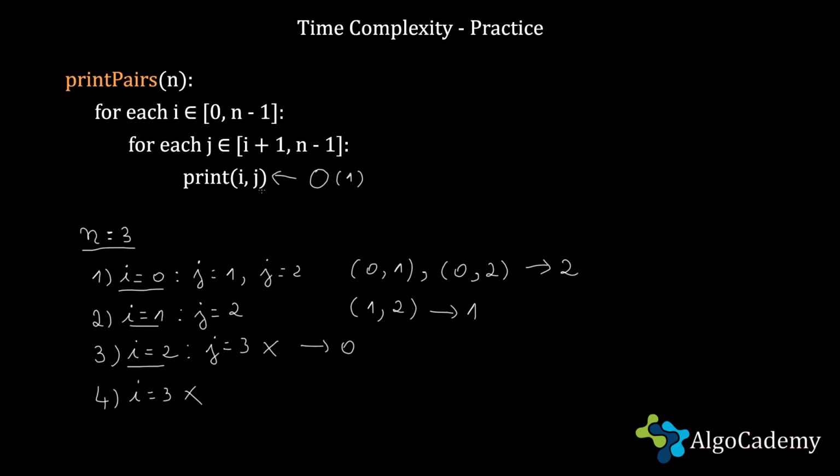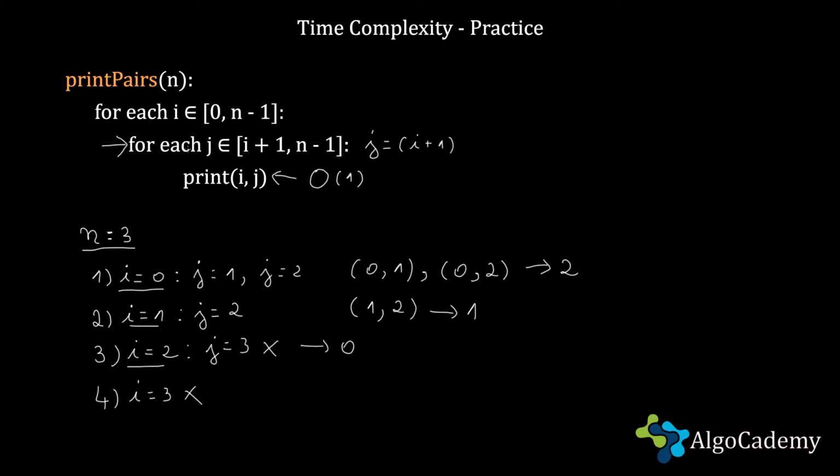As I said, one who is more advanced in this would take a look at this range, i plus 1 to n minus 1. So what we know for sure is that when we enter this for loop, j is going to go through the following values. First of all, it's going to be equal to i plus 1.